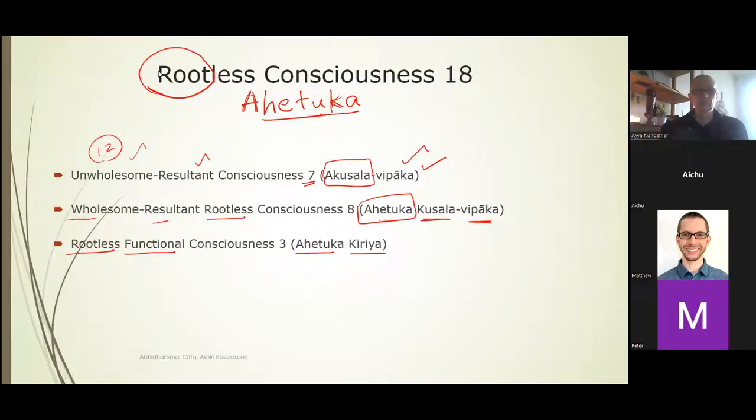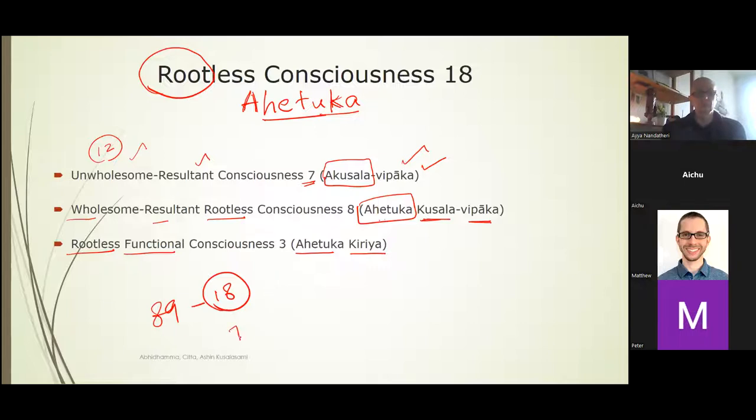Here, what I mean is these 18 consciousness have nothing to do with the roots. Altogether 89. These 18 consciousness are not motivated and not caused by the roots.